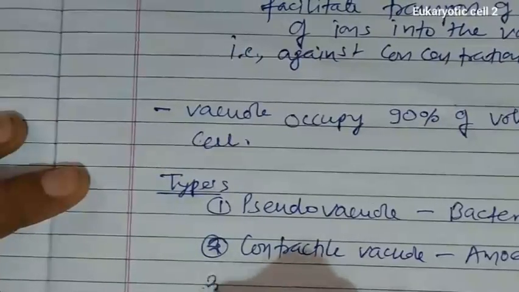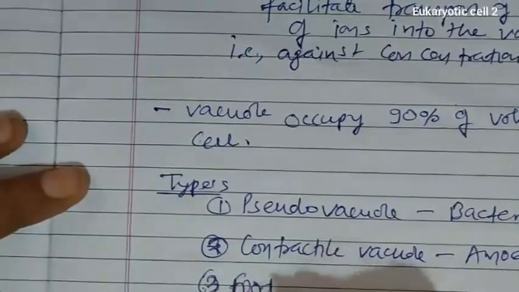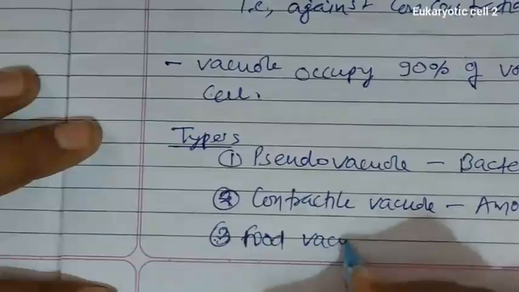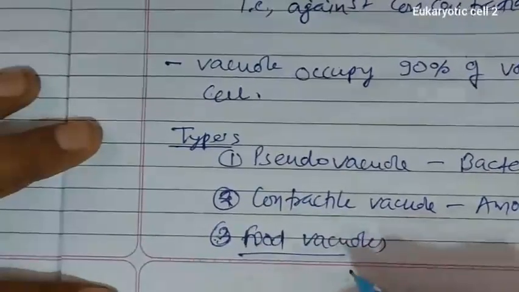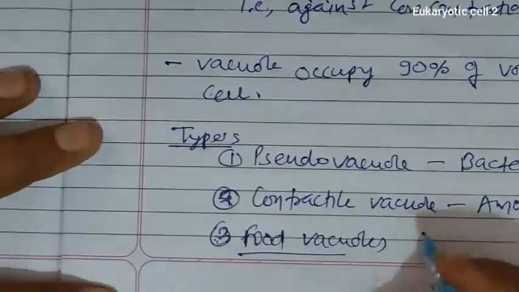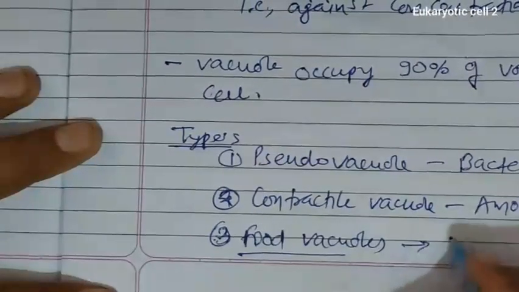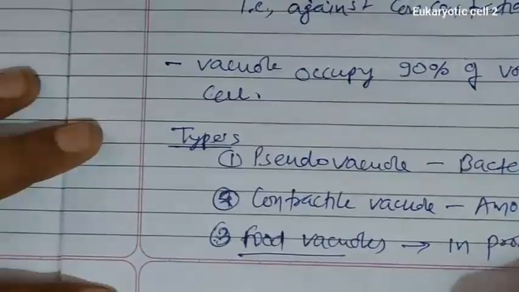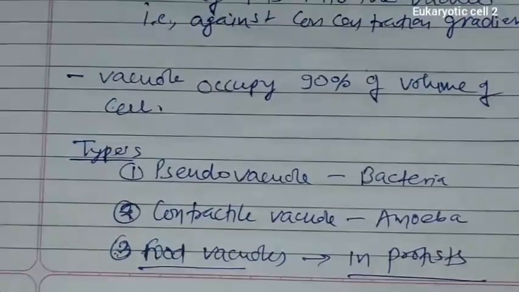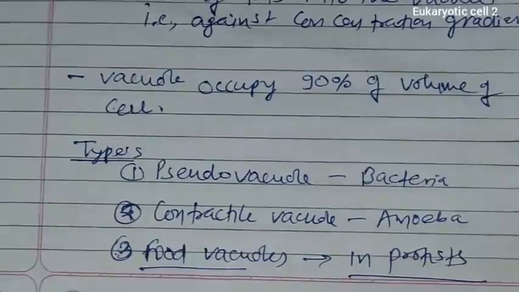And there are some food vacuoles, which are formed by the engulfing of food particles, and that are formed in protists. So this is the vacuole, and that is all about the endomembrane system. So we have completed the endomembrane system.